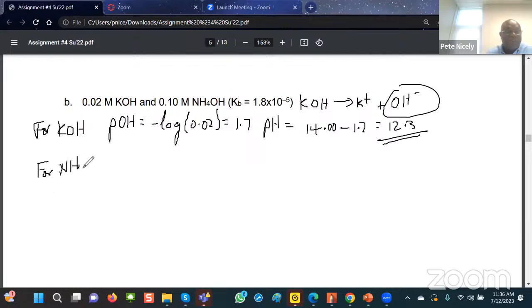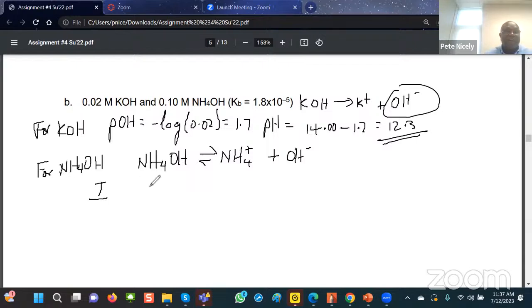Now, this one is a weak base and it's very similar to what we did for weak acid. In this particular case, the equation would be NH4OH dissociating to form NH4 plus and OH minus, right? So again, we're going to set up an ICE table.